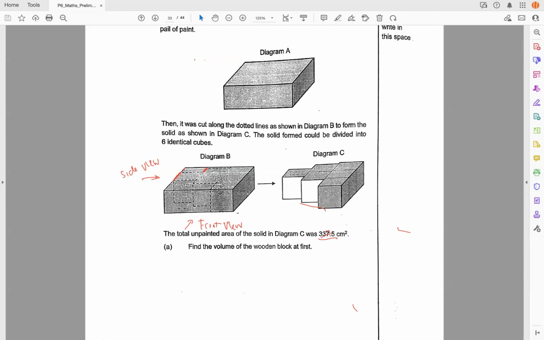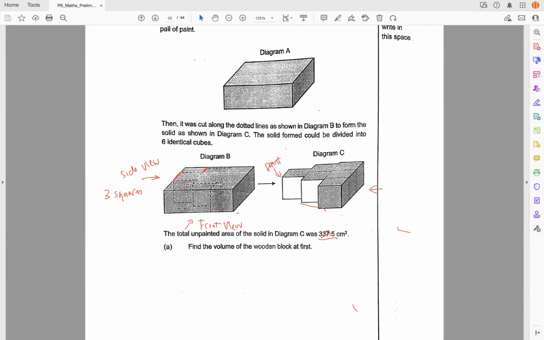3 squares on the side view. How do I know there are 3 squares on the side view? Because there are 3 squares on this side, so there must be 3 squares on the other side. If there are 3 squares on the side view, this side is shaded, is painted.